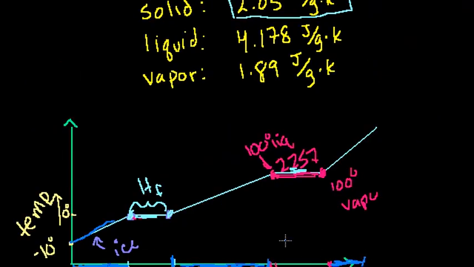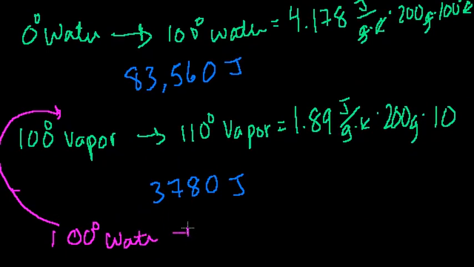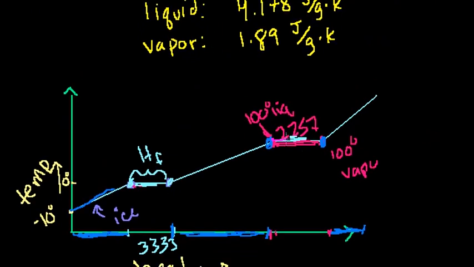I forgot to figure out how much energy to turn that 100-degree water into 100-degree vapor. So that's key. I really should have done that up here, before I calculated the vapor, but I'll do it down here. So to go from 100-degree water to 100-degree vapor, that's this step right here. This is the phase change.